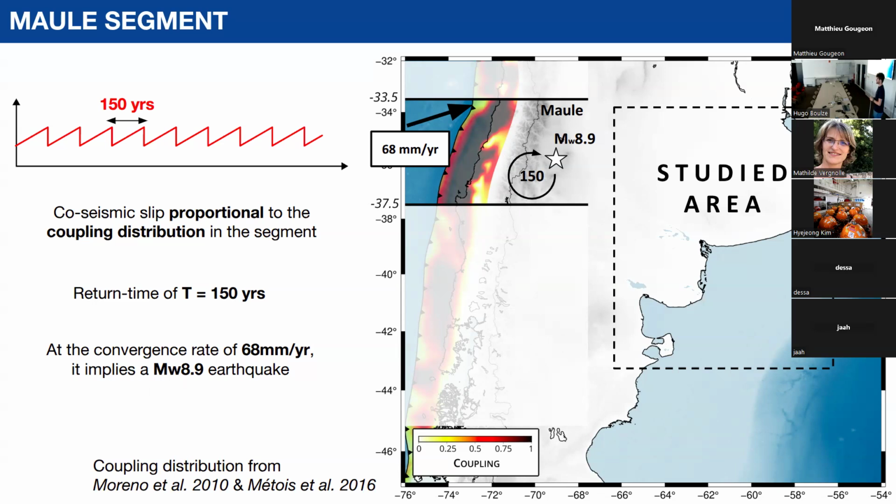But it does not change the order of magnitude of the viscosity. So instead of having, for example, 4 to 18 Pascal second, it was 3 to 18 Pascal second. So it changes, but it does not change the magnitude.